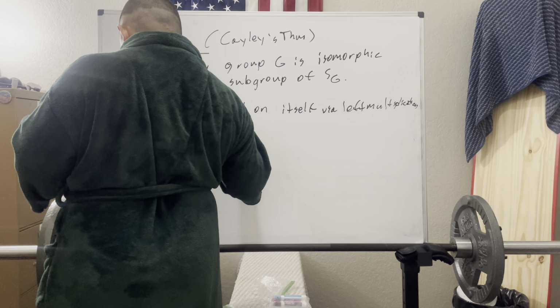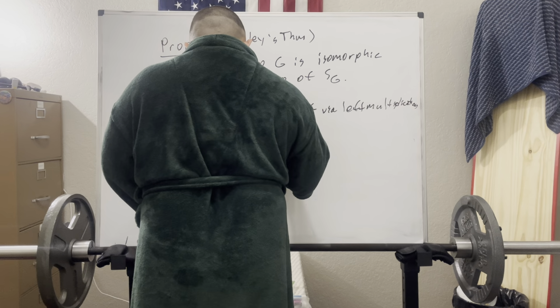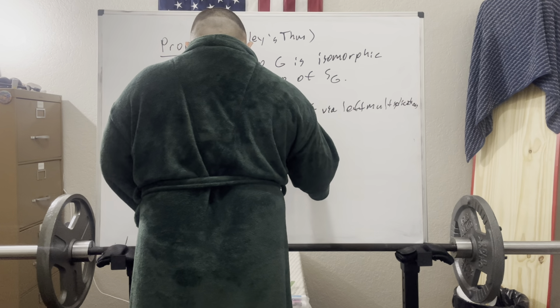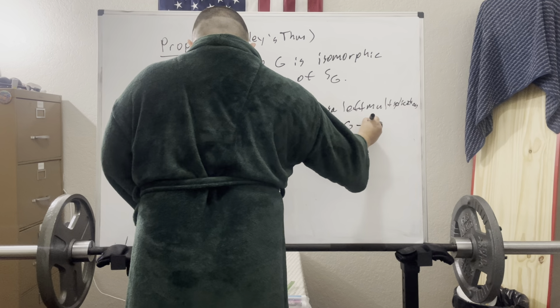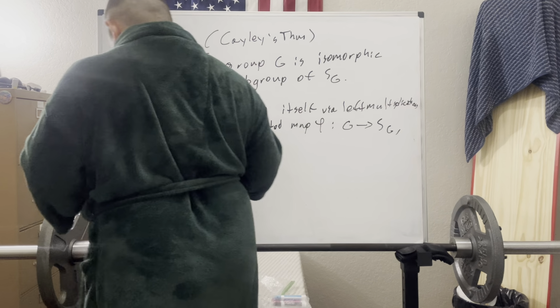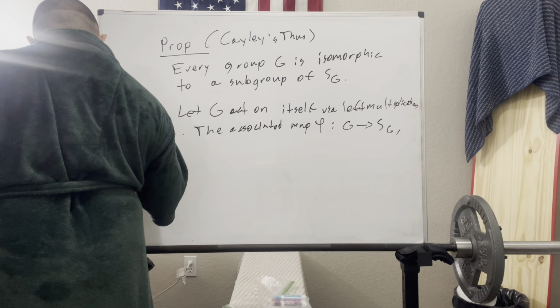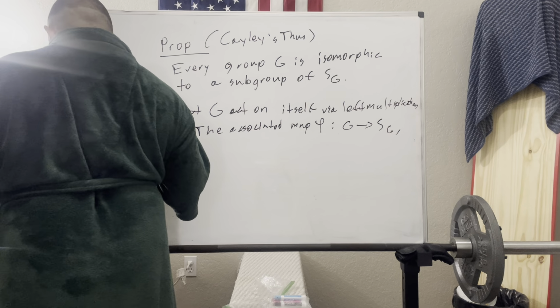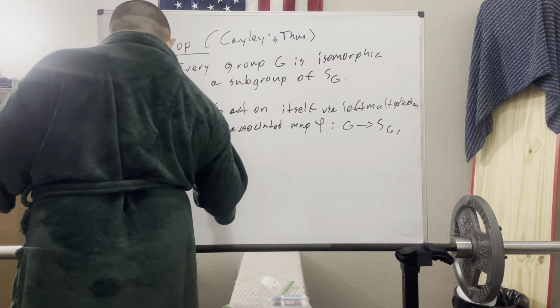The associated map phi from G to S sub G, which is more elementally to say phi of g of x is equal to gx, is a homomorphism.